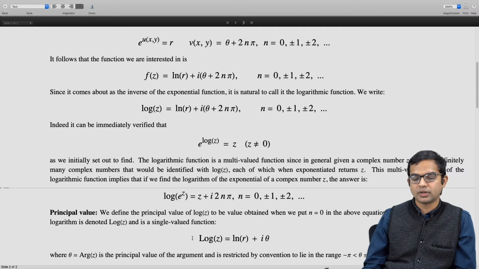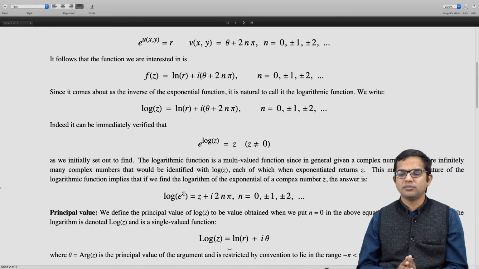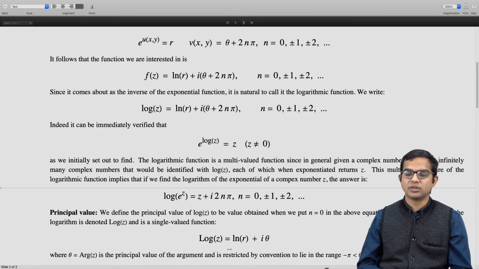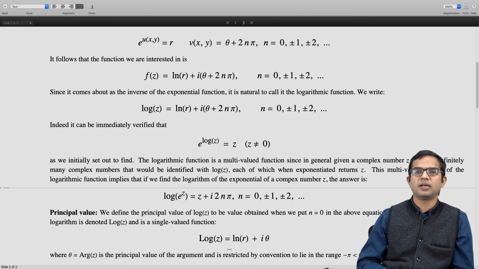So capital Log of z is equal to log of r plus i theta, right? Where now theta is just capital Arg of z, right? This is similar to how we can think of a small arg and a capital Arg, where capital Arg is the principal value of the argument. The convention we are following here is to restrict this argument to lie between minus pi and plus pi, including plus pi, right?